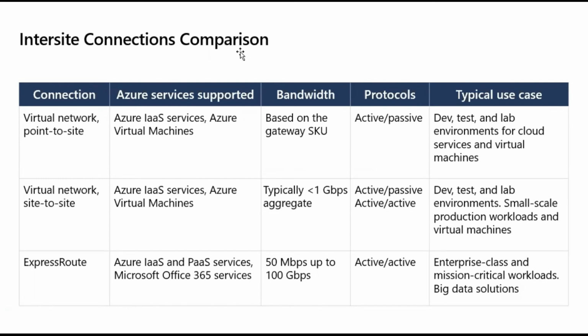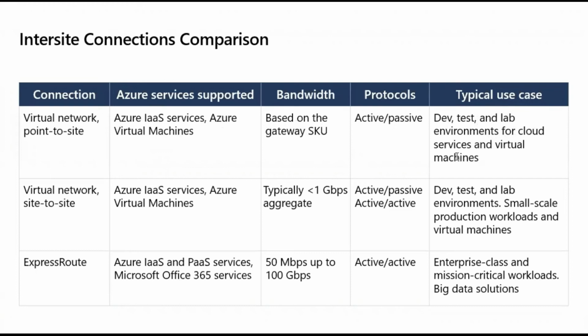Now, intersite connections comparison. Connection types: virtual network, point to site. Azure services supported: Azure infrastructure as a service, Azure virtual machines, based on the gateway SKU. Protocols, active, passive. Typical use case, DevOps, test and lab environments for cloud services and virtual machines.